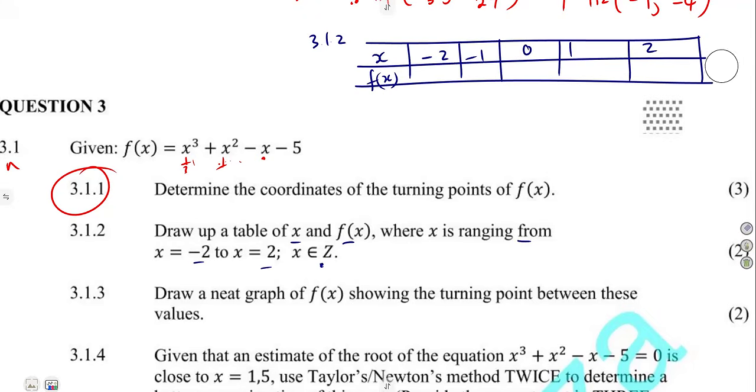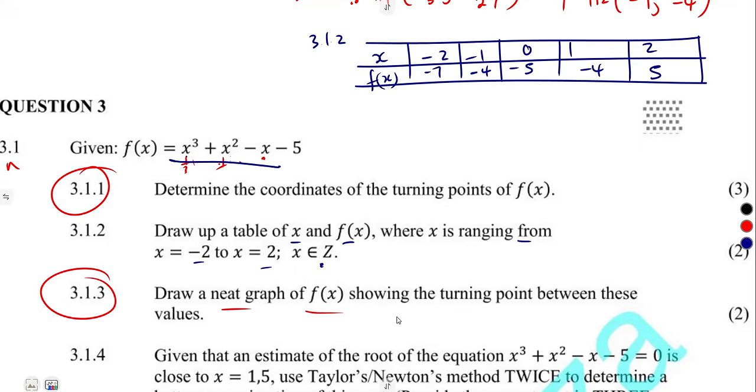Substitute the values of x that you're given into our f of x. When x is -2, you put back -2 properly. That is going to give us -7, -4, -1, -4, and 5, if you substitute properly, guys, using our calculator. After that, you simply draw a neat graph showing the turning point between these values.